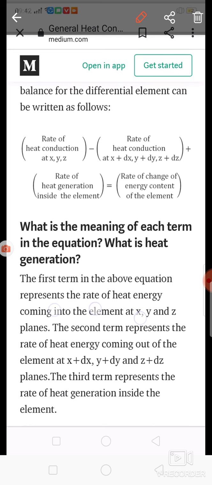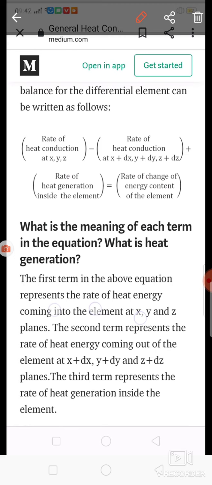So we write the energy balance equation for that particular small element. This much heat is coming into the element, and from that some energy is conducted out from that element. So how to calculate that energy? That is the rate of heat conduction at x plus dx, y plus dy and z plus dz. So this much heat is conducted out from the element.